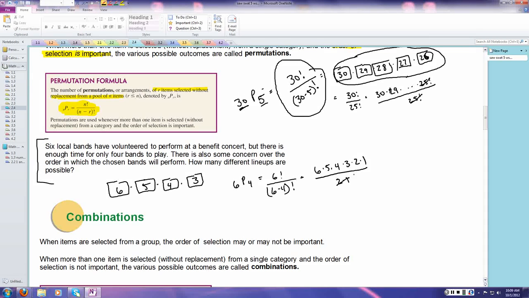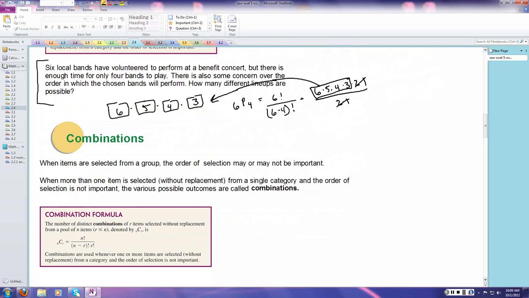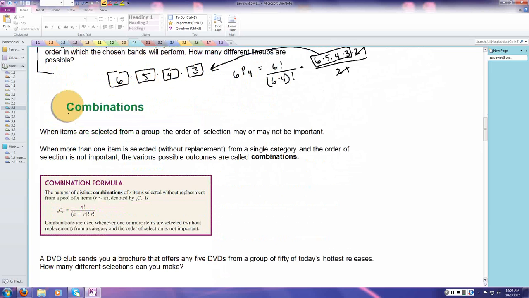The 2 times 1 cancel, and you're left with 6 times 5 times 4 times 3, which is exactly what you would get with the fundamental counting principle. So combinations are going to be when the order of the selection is not important.